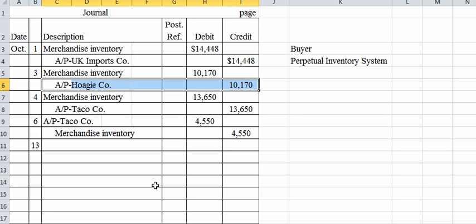We went on as a credit for $10,170 to accounts payable Hoagie Company. So it comes off the books as a debit for $10,170 to Hoagie Company. Now the accounts payable balance to Hoagie Company is 0 for this purchase. Okay, so we've zeroed that out. It's gone because we've paid them and settled the debt.